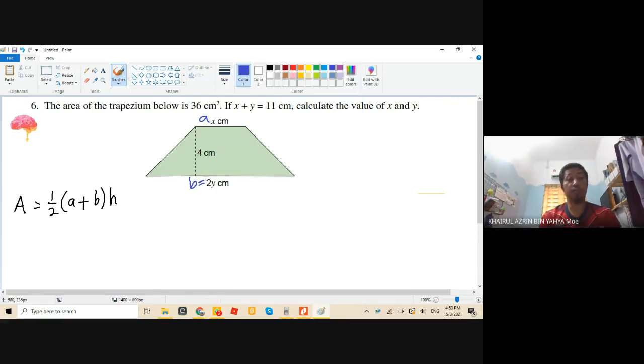There are many ways to solve this question. One of the methods we can use is simultaneous equation. For simultaneous equation, we have two methods.